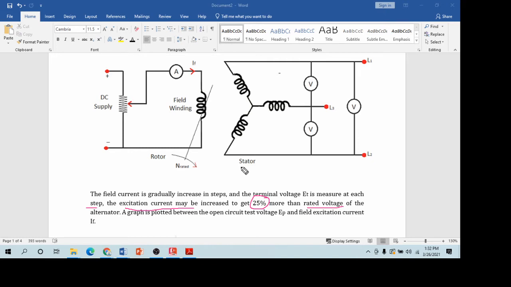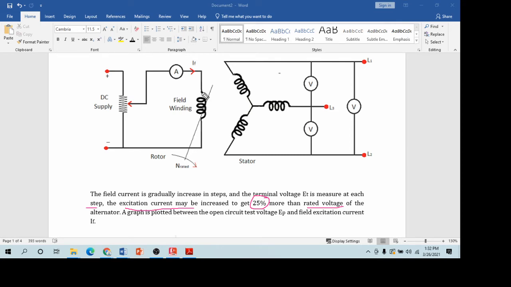First it is zero, and then you slowly rotate the adjuster until it reaches the maximum limit, which is beyond the rated voltage, 25% more. The graph is plotted between the open circuit EP and the field excitation current IF.